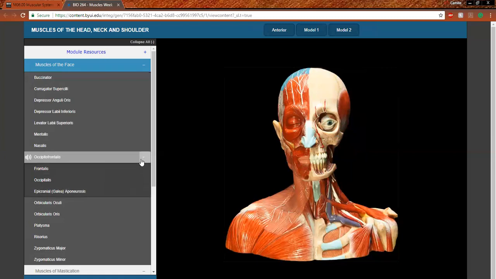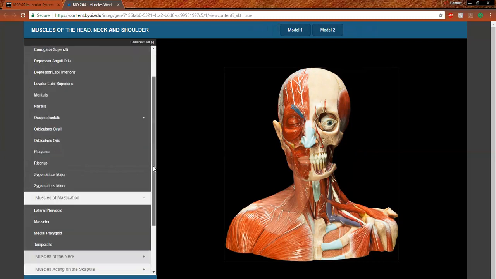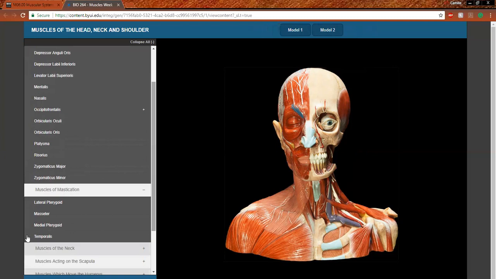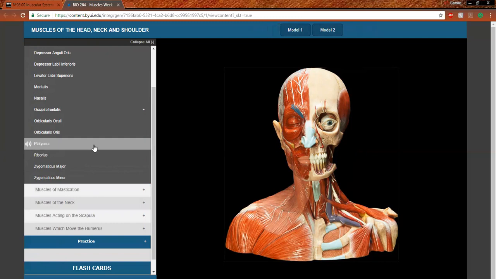The other one is the corrugator supercilii, which is basically where your eyebrow would be, because that controls the function of your eyebrow. Oh, and then I think that's everything on that section besides the platysma. And the platysma is just this section right there.